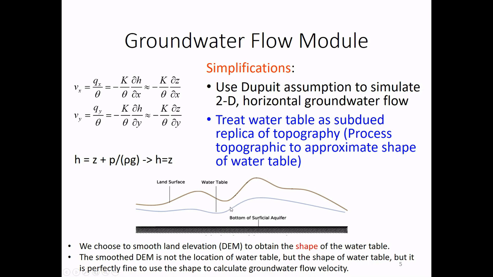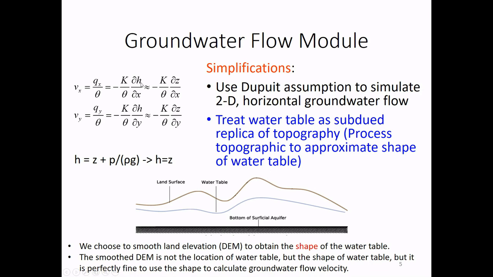And then we say, based on this assumption, we can process, or smooth. Well, that's what we did here. We smooth the land surface, and then we can get the shape of the water table. So be careful here. We get the shape only because here we only need to calculate the partial derivative. We really do not need to know the head h value.